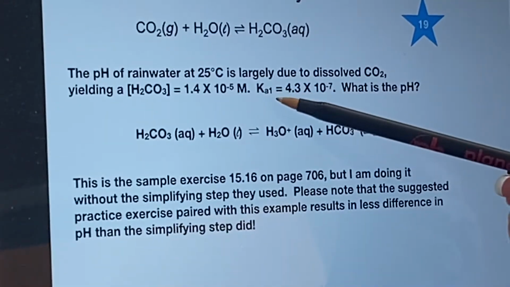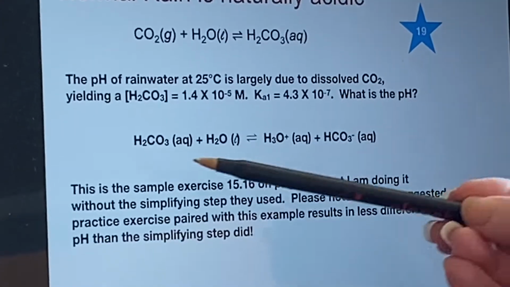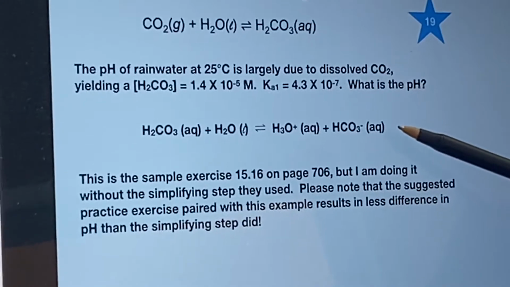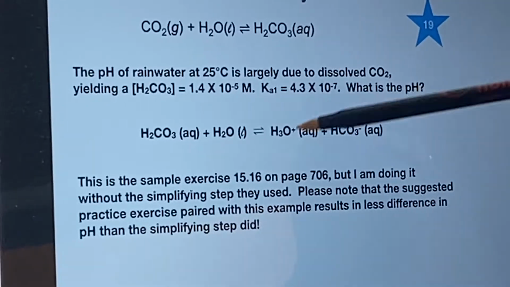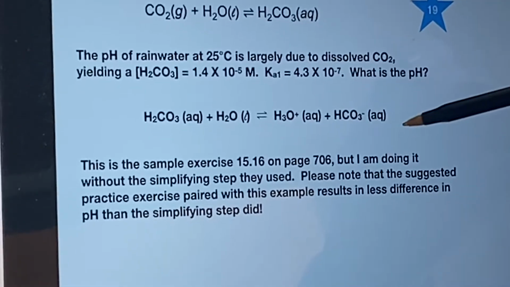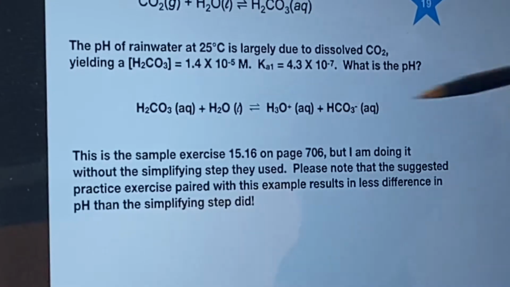So the Ka1 is given to us, and we want to know what the pH is. Here's the equation that we're going to use. Now, I want to point out something. They do this as a sample exercise in the book, but I'm going to go ahead and do it myself without the simplifying step.